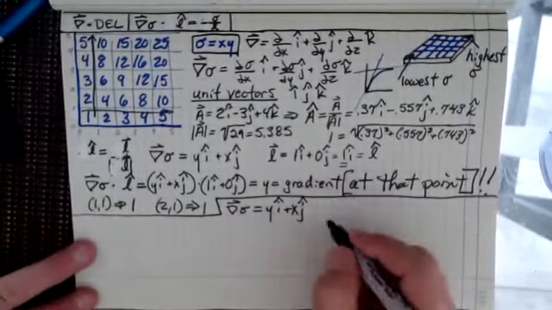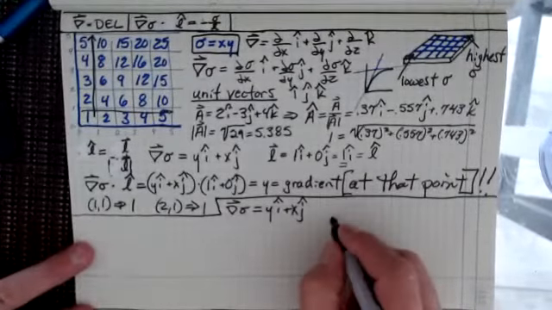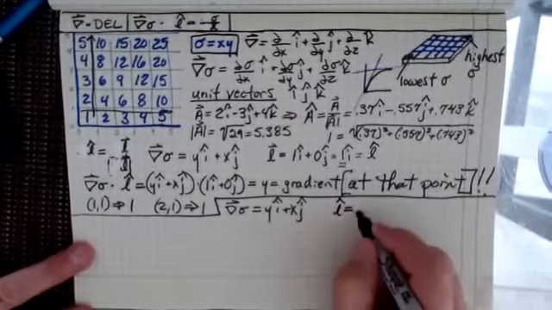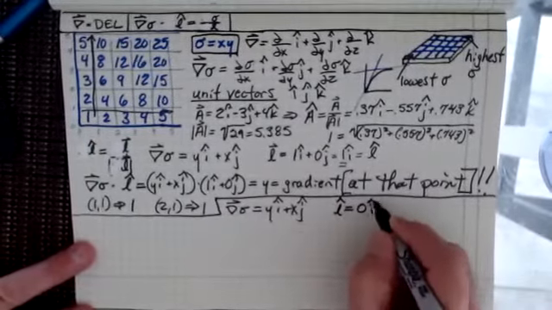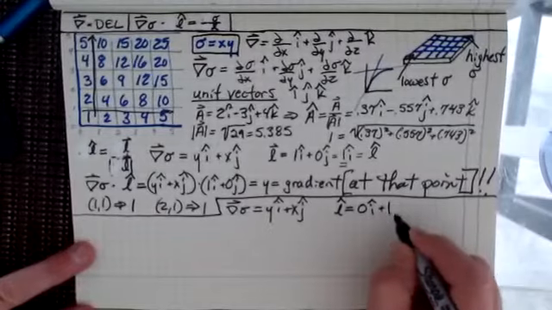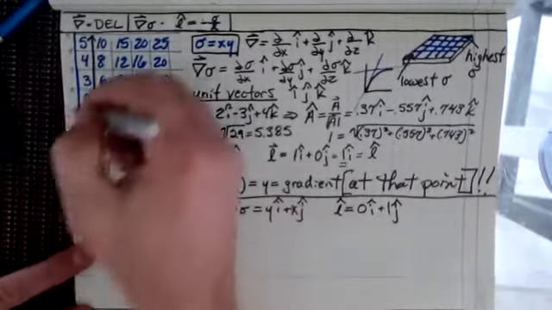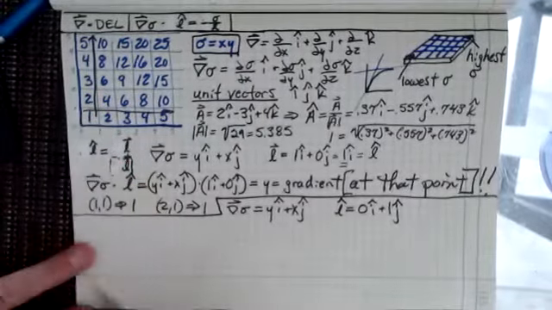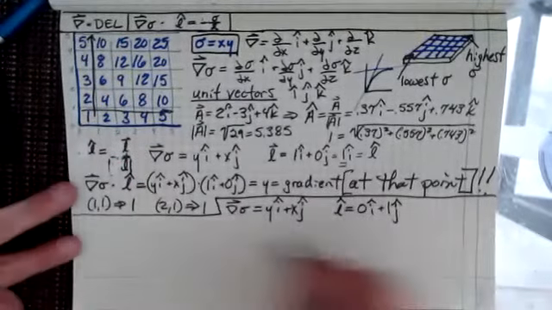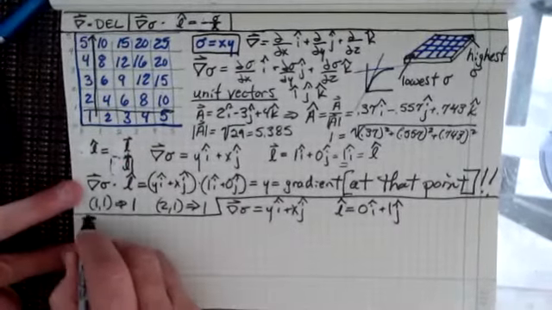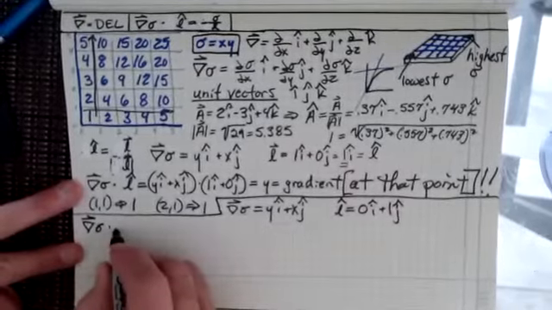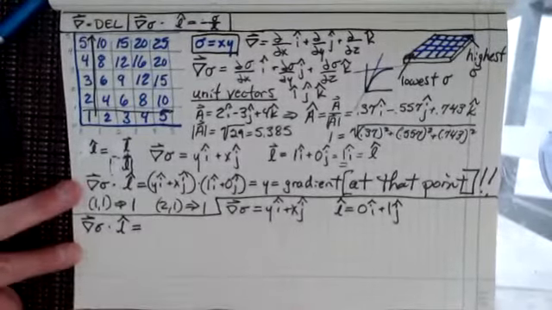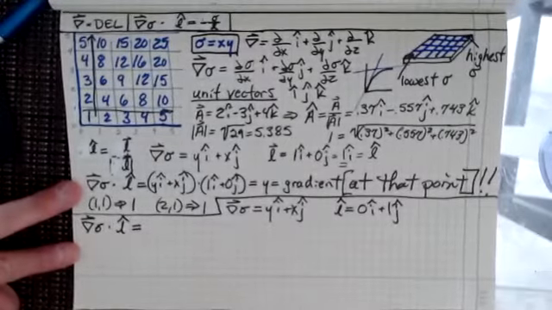And then what we want to do is multiply that by, and let's do this one now. Now we're going in the y direction, so this is going to be 0 I hat plus 1 j hat, right? Because we're going in this direction now. I think everybody can see that it's going to turn out the same. Well, let's dot those together. So if I have del times sigma dotted with L with a little cap on top of it, so it's the unit vector of that L in that direction.